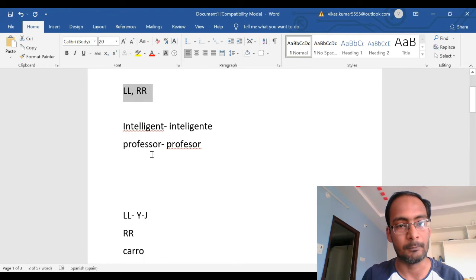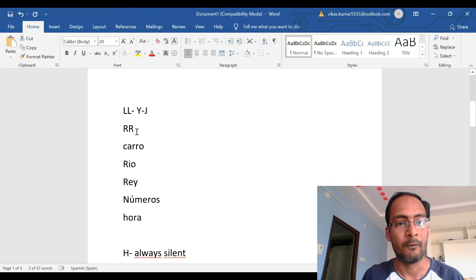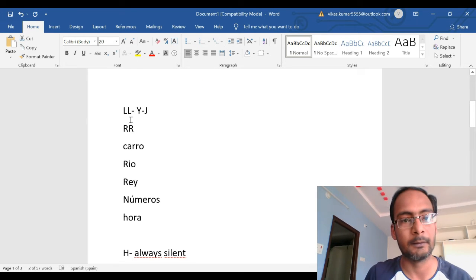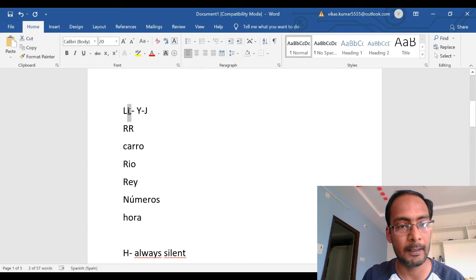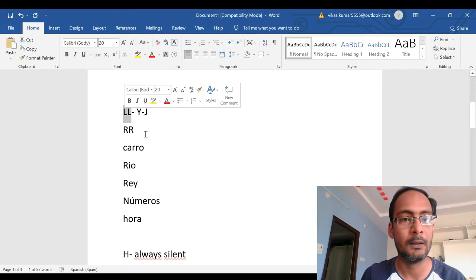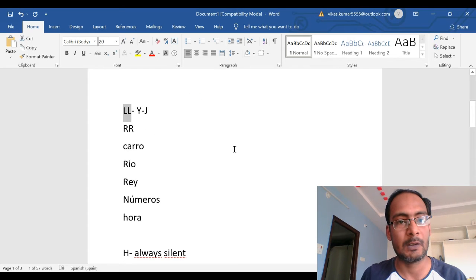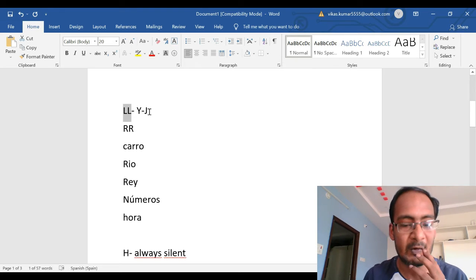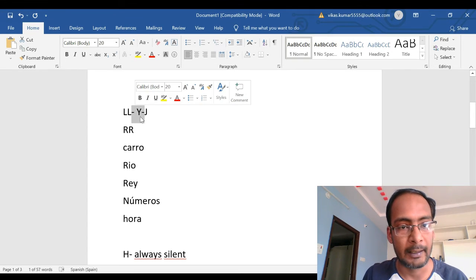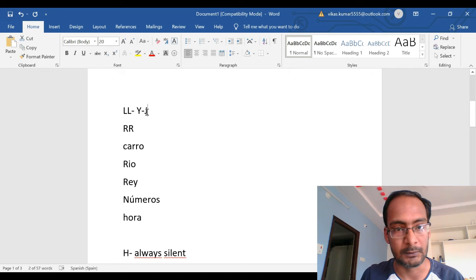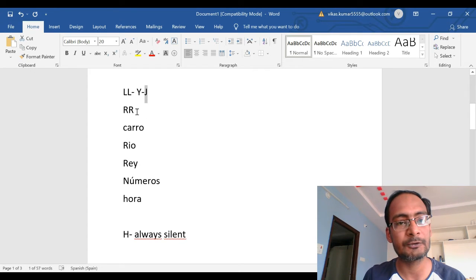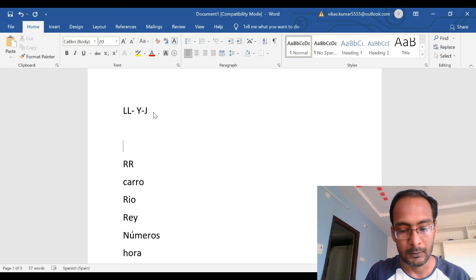Whenever you see double L in a Spanish word, this double L is not pronounced as L as we pronounce it in English, but it is pronounced as Y. The sound is similar to Y in Spain, or J you can say, because in Spain we pronounce it as Y. In Latin America, mostly they would pronounce J. So, for example, me llamo Vikas.